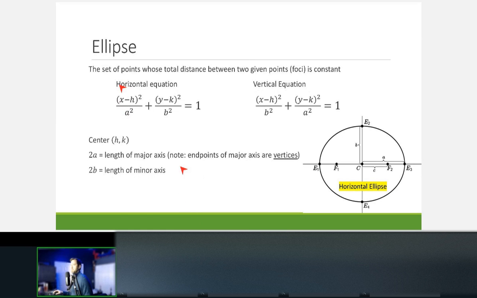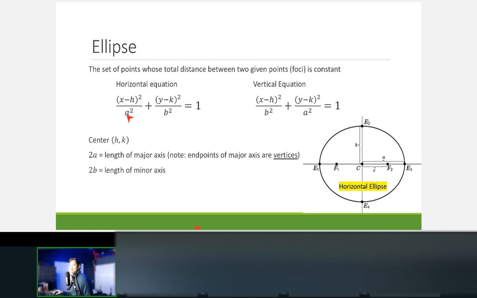Take note that this horizontal equation, which is this diagram right here, is an example. It is longer in the x direction. So under the x stuff, you have the A. This is telling you the A value will always be larger than the B value. Your major axis length is always going to be the A variable.